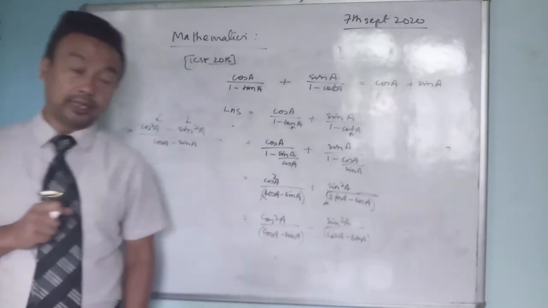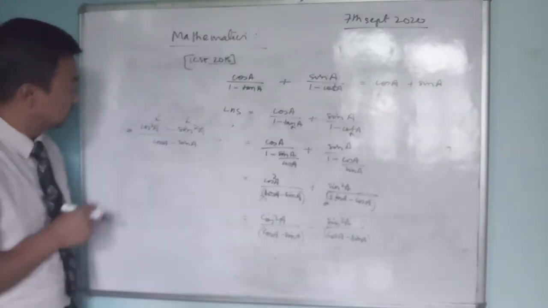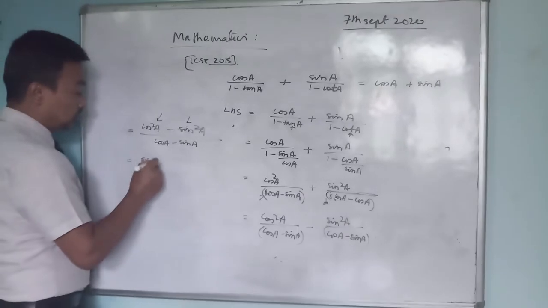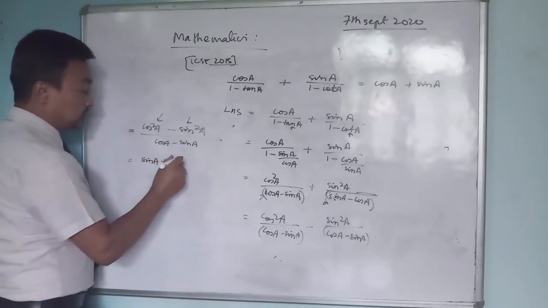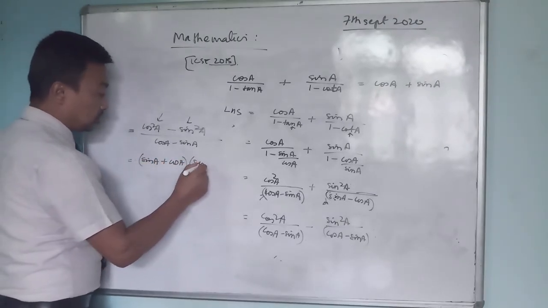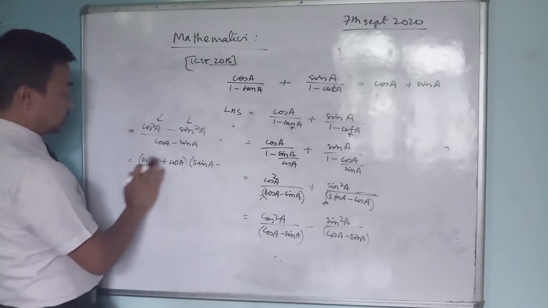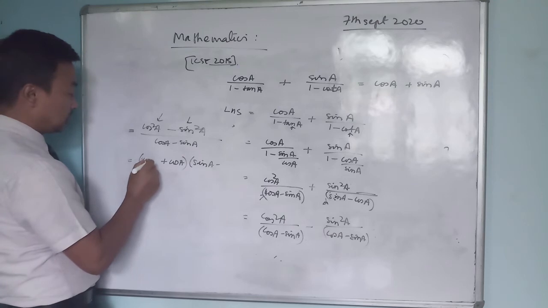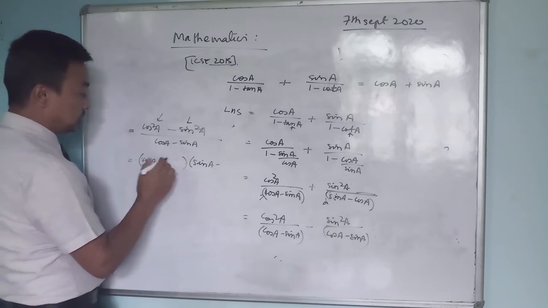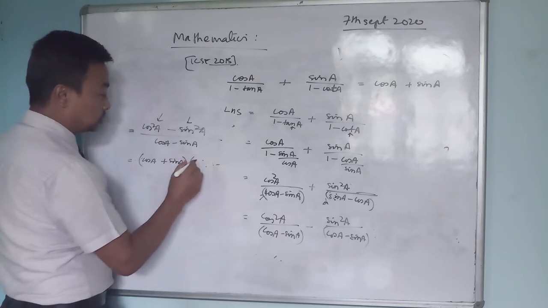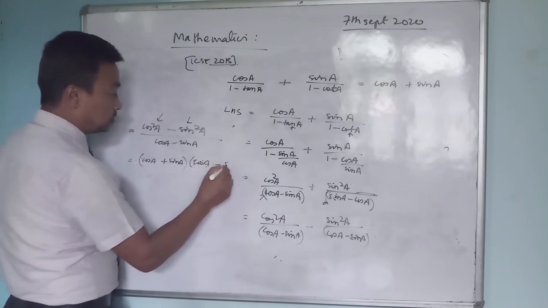Think in terms of the algebraic formula now. So this is A square minus B square. So what is the formula of A square minus B square? A plus B, A minus B. A is cos, B is sin.